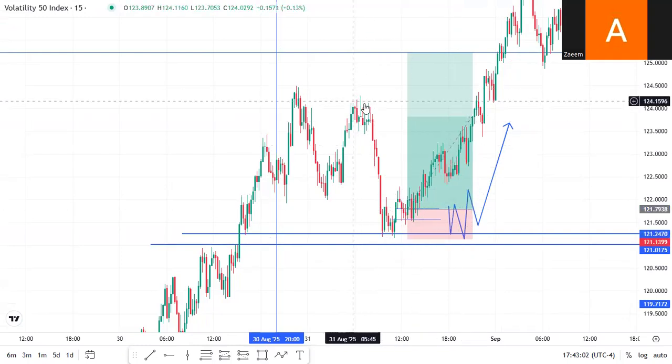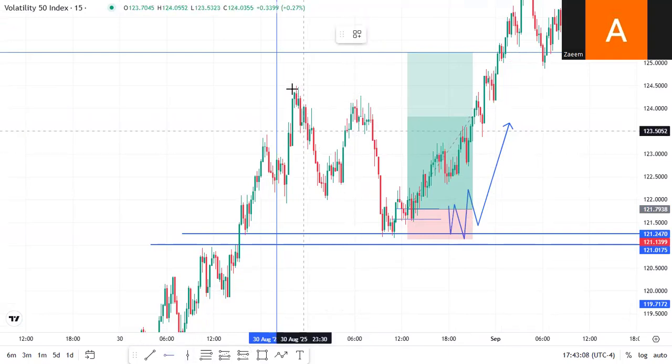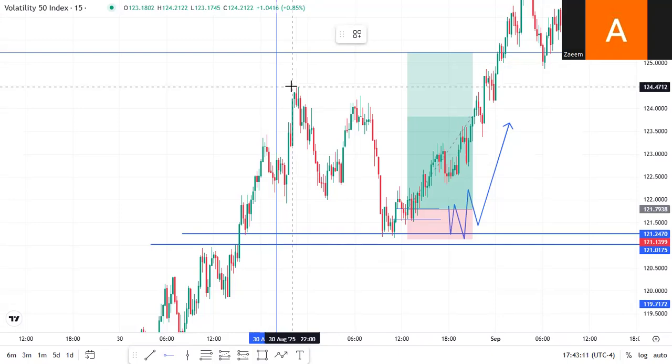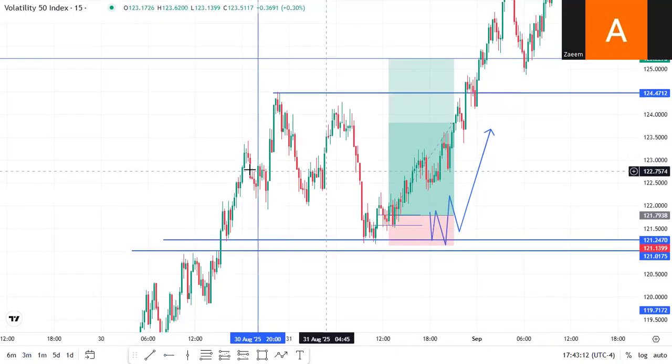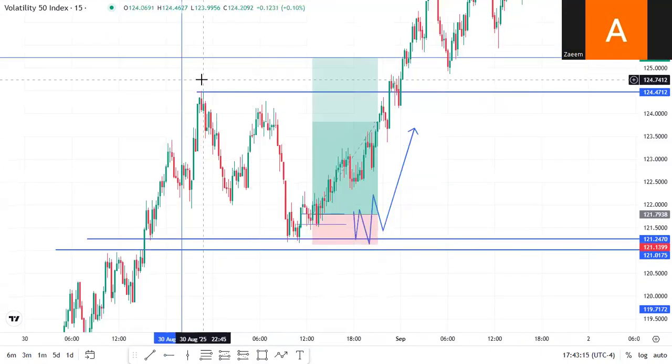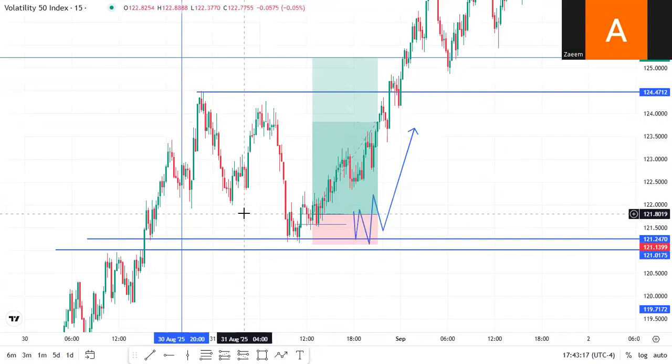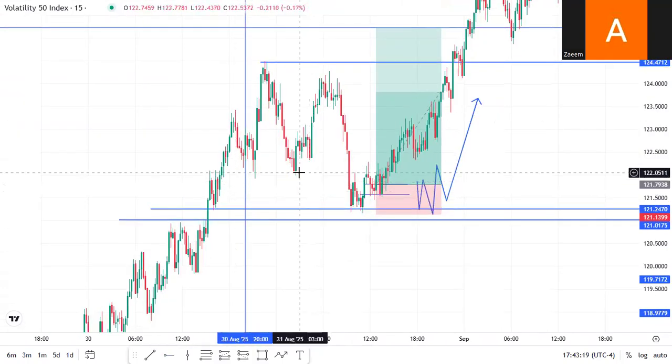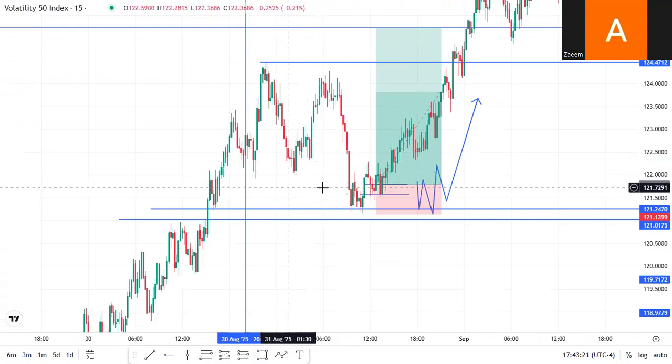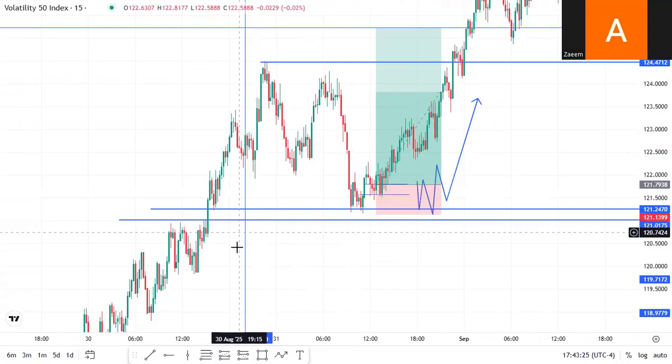Because why? This high and this high tell a story, right? That is where the liquidity is. I've said it again, that is where the liquidity is. So at this point, price has no reason to continue going lower.